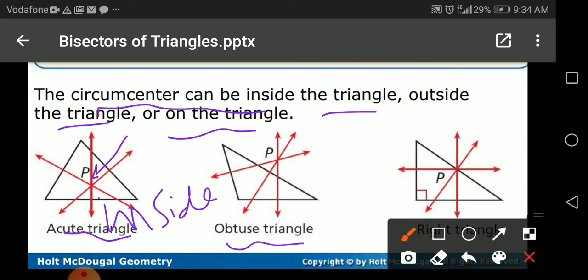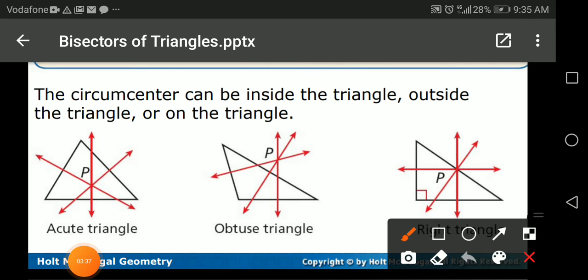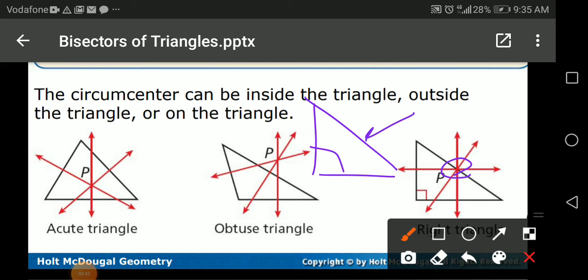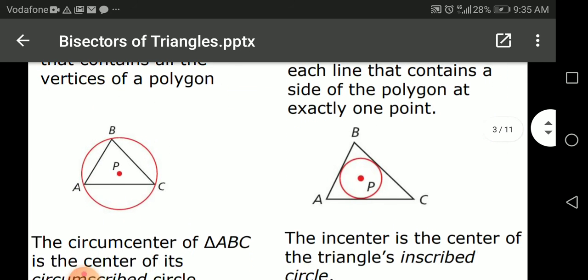When we draw the three bisectors of the triangle, you'll find the circumcenter outside. What about the right angle? In the right angle triangle, you will find the circumcenter on the hypotenuse of the right angle. Remember, we have here the right angle, and this is called what? The hypotenuse. Okay guys?